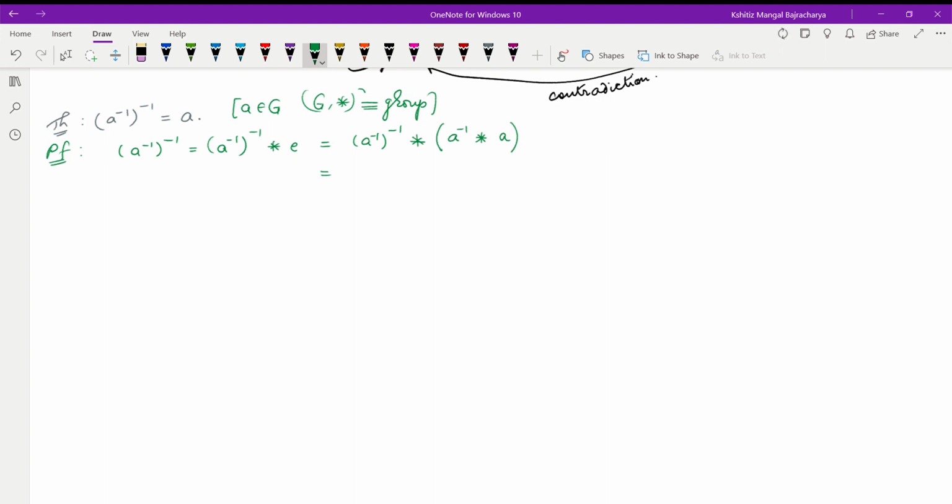So now using associativity, we're going to get A inverse star A inverse star A. Now let's see.